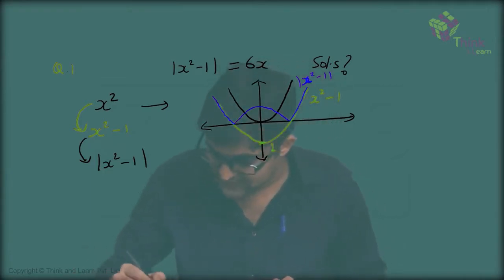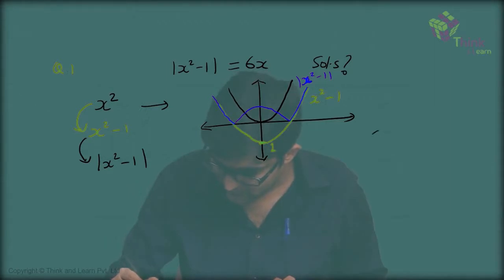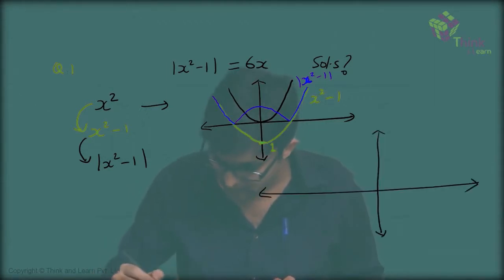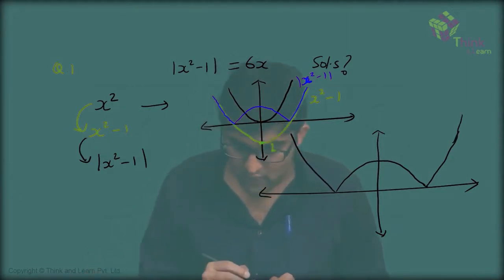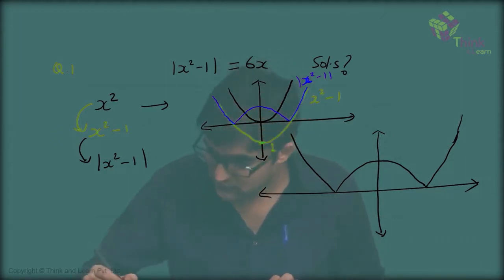So if I just summarize the entire thing, your graph of the greatest integer of x square minus 1 will be something like this. What about your graph 6x? So this is your greatest integer of x square minus 1.